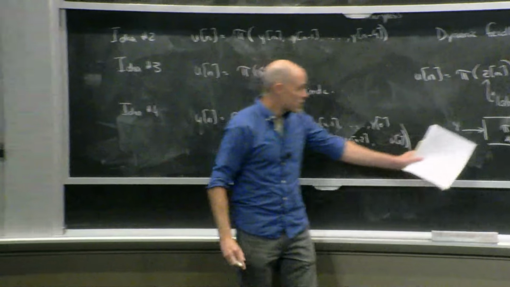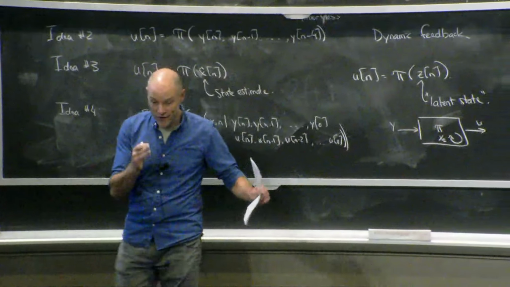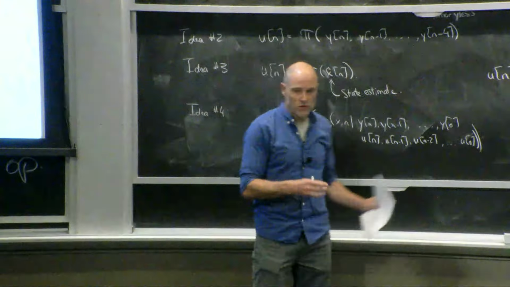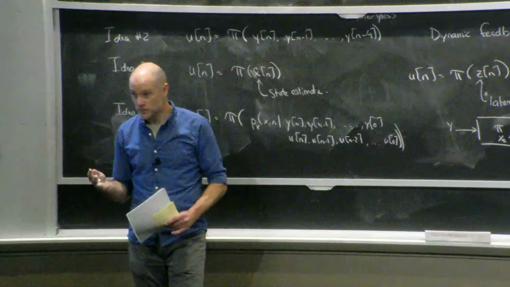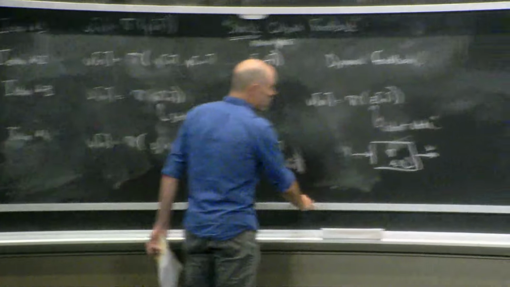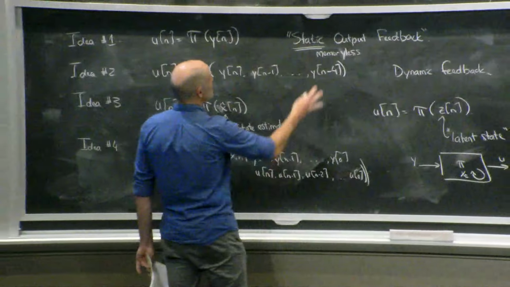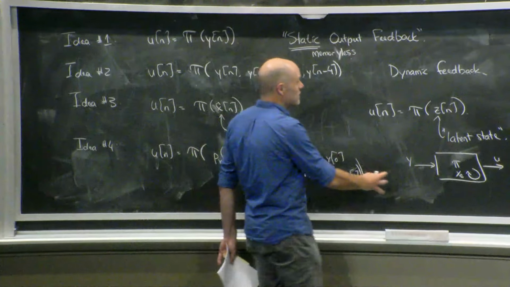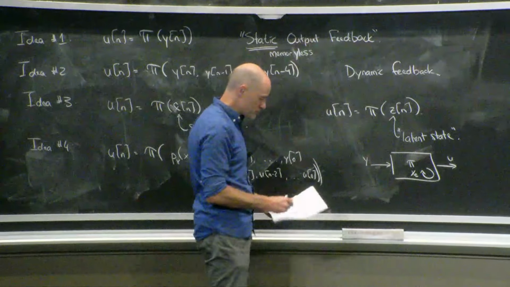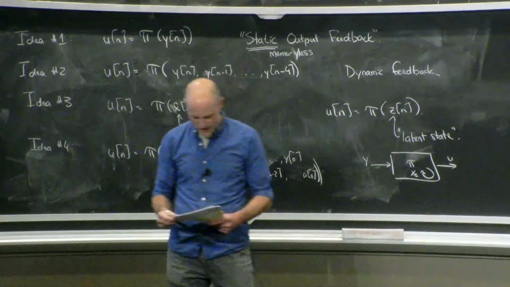And you can choose to parameterize it as an autoregressive model that takes functions of history of observations. You can choose to parameterize it in a state space model, okay? But the big new thing that we have to deal with is that the optimal policy becomes dynamic controllers instead of static controllers, except for rare examples.